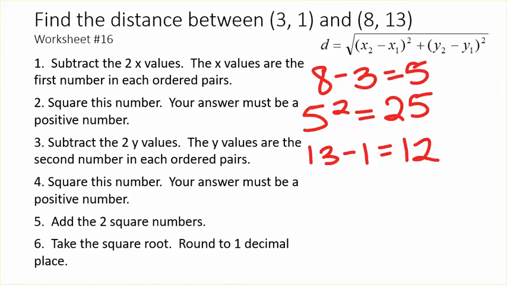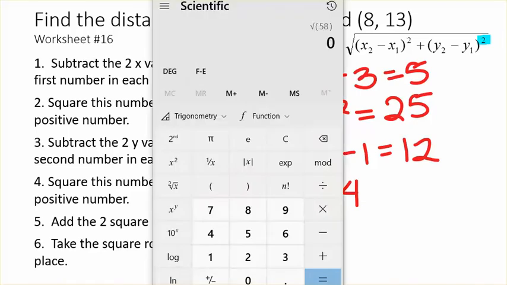Now we're at step 4, where we're going to square that answer. So the answer from number 3, 12 squared equals, and again, remember to use your calculator for the squared button. So 12 squared is 144.